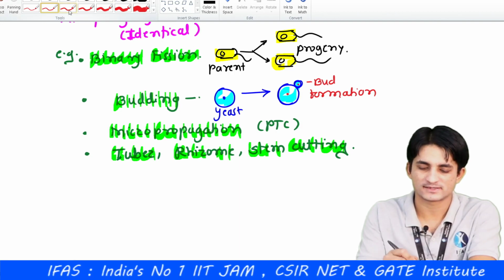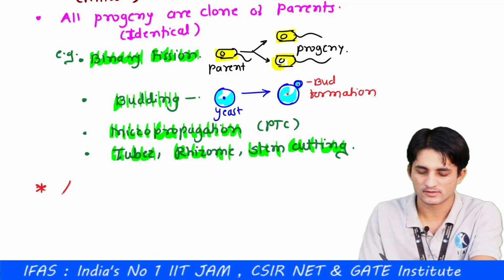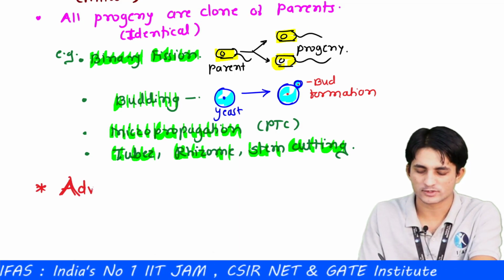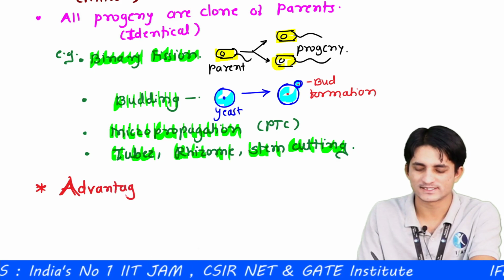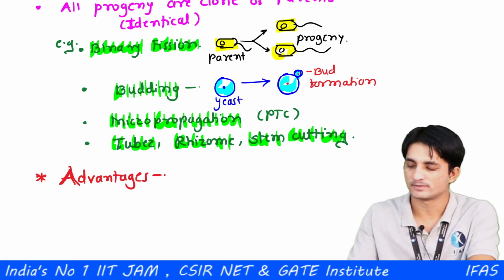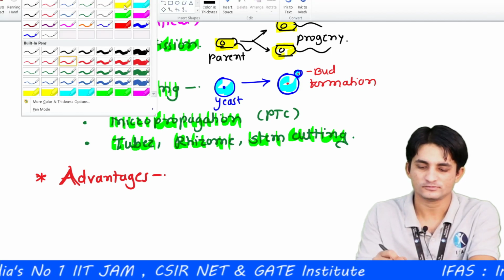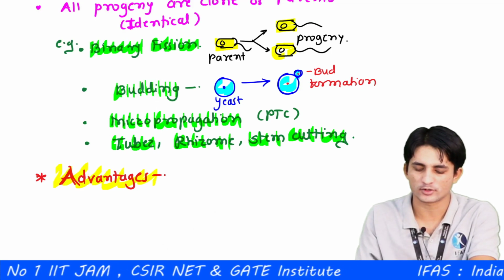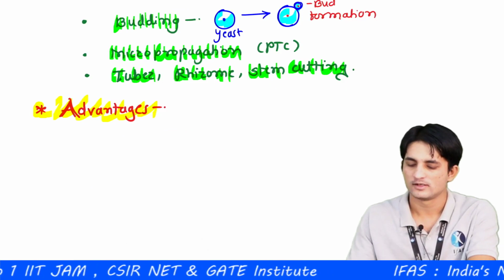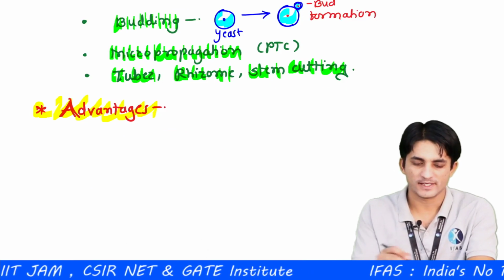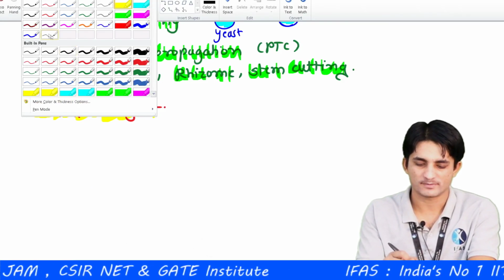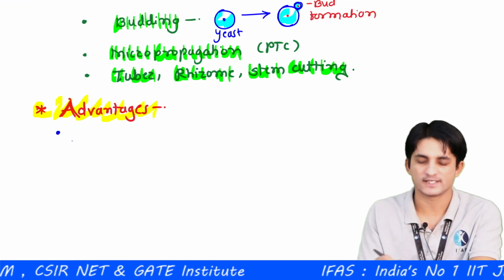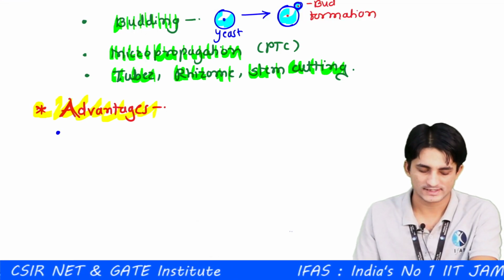Now why do species prefer asexual reproduction? So what is the advantage of asexual reproduction? Now in asexual reproduction, there is doubling of the organism. So the major advantage is clones are produced.